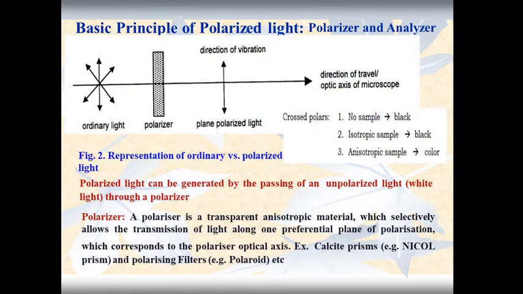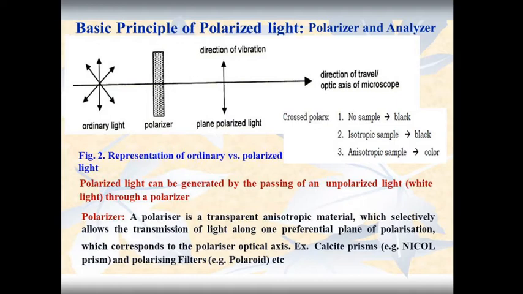The basic principle of polarized light: what are the polarizer and analyzer? When ordinary light passes through a polarizer, the direction of vibration of the light is confined to a single direction. This is known as plane polarized light, and the direction of vibration is perpendicular to its principal optic axis. Polarized light can be generated by passing unpolarized light through a polarizer.